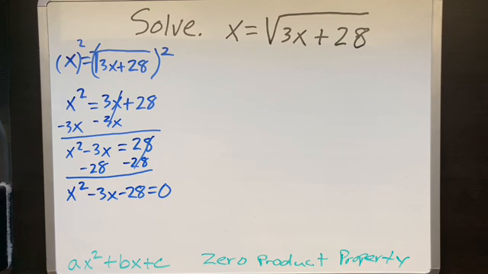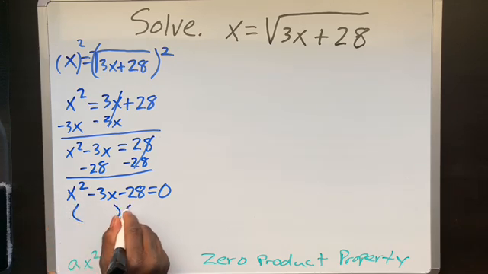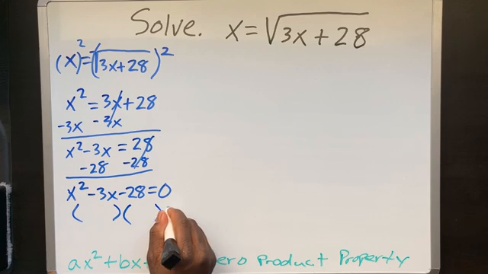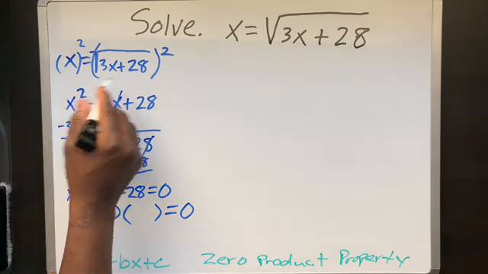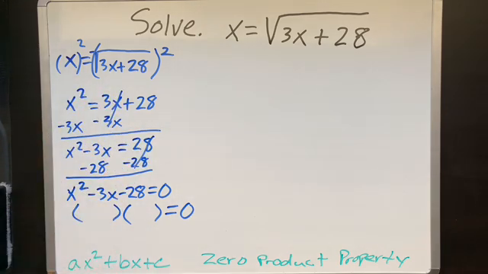The zero product property happens when we factor this quadratic equation and set it equal to 0. Then we're going to get two values of x. But then we're going to have to see which one is correct in the original equation.